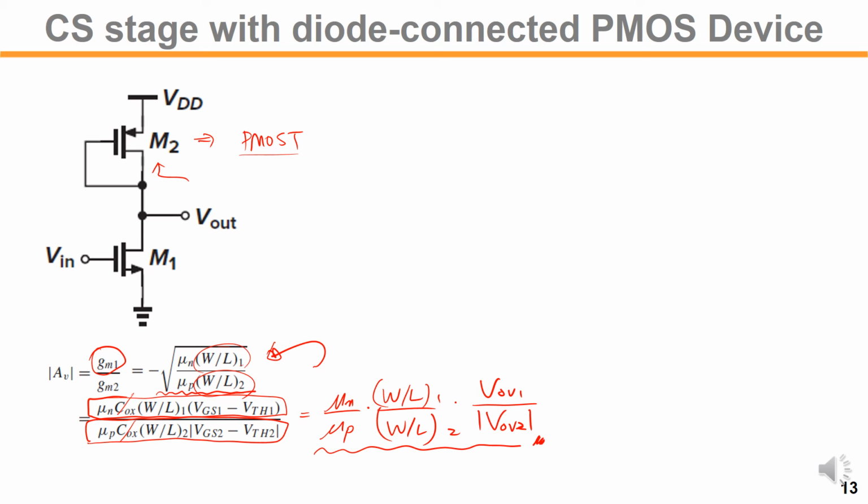Changing the size will result in a change in the overdrive voltage, so you can think either way. When you design the circuit, you monitor the overdrive voltage, VTH plus overdrive voltage 1, so VGS and VSG, and the W over L, the size.